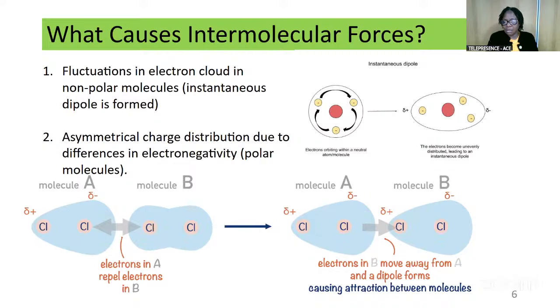The side closer to the negative charge of molecule A will carry a positive charge, because for there to be attraction they must be oppositely charged. The other side is denser and negatively charged. That is how electrons in B move away from A and a dipole is formed, causing attraction between the molecules. I hope that is taken.